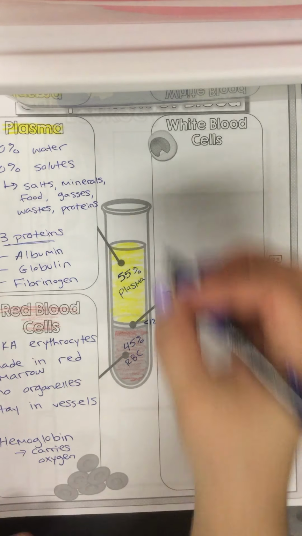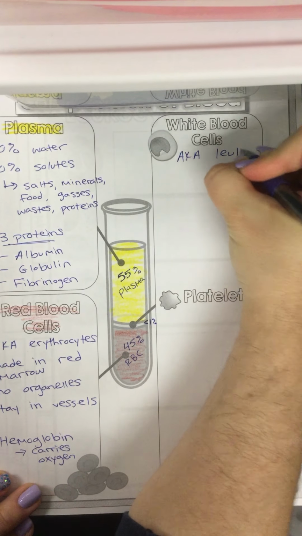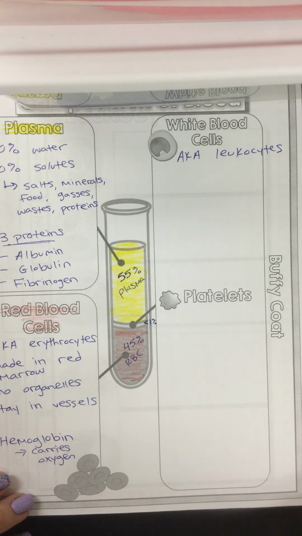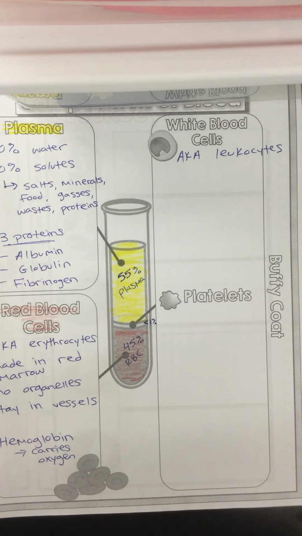So speaking of white blood cells, they're also known as leukocytes. Leuko means white, so this means white cells or clear cells. If you look at blood under a microscope, you'll definitely see all the red blood cells. They look like little red inner tubes. And the white blood cells just look like regular cells. They're basically clear. So white cells are clear cells.